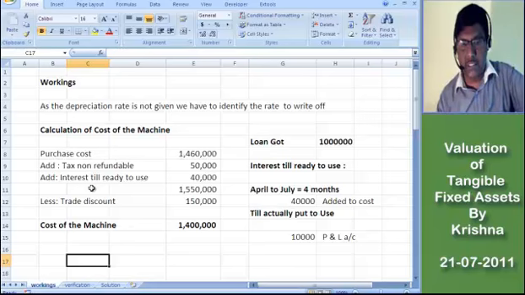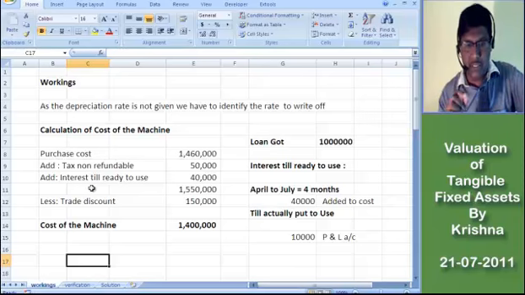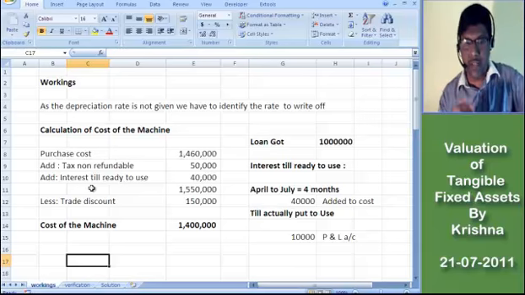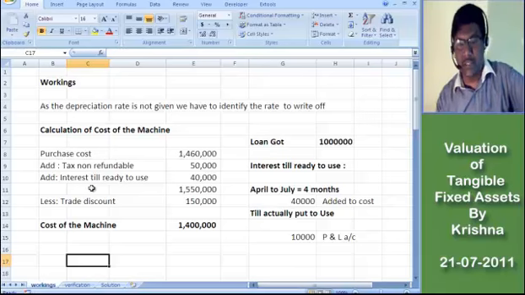See, purchase cost they have given in the problem as 14,60,000, and we have to add the non-refundable tax paid by us, 50,000. Then the interest part which was paid to the bank till the machine was ready to use should be added to the cost of the machine.